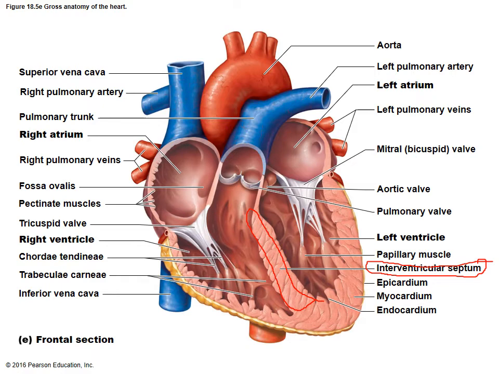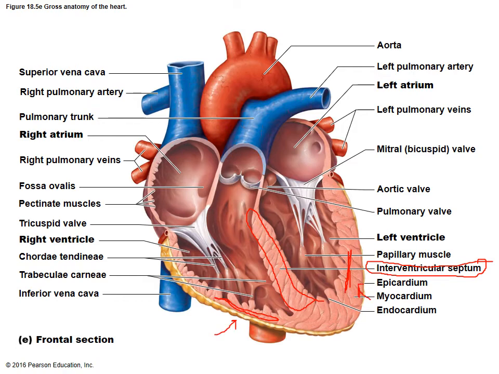Once you find that, go ahead and take a look at your myocardium layer. What you're going to notice, and I'll draw it for you right here in the drawing, is to compare the myocardium layer here versus here. So you're comparing this side to this side.